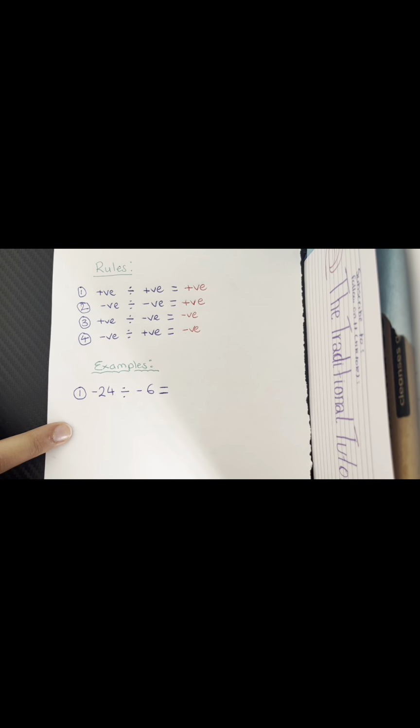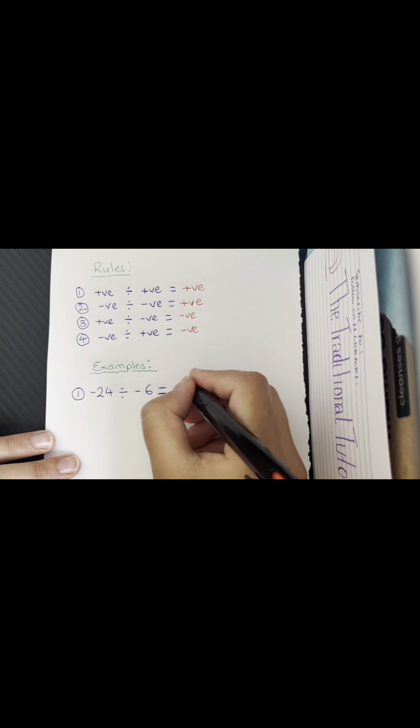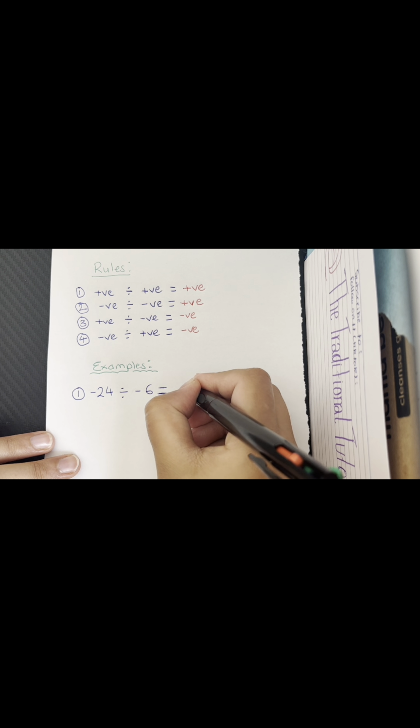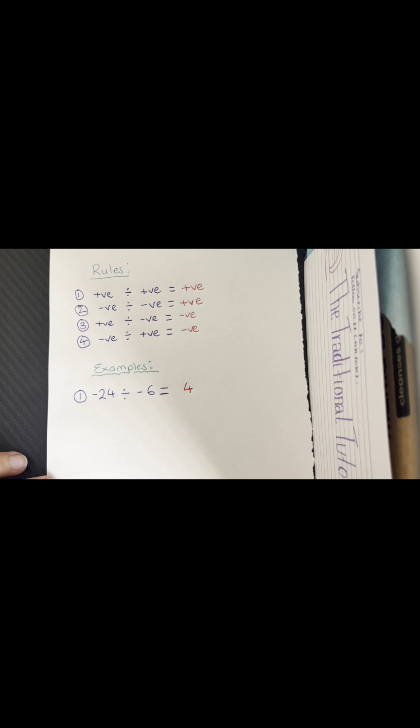So 24 divided by 6, we know should give us a positive 4, okay? And now we can be taking a look at the signs, okay? So I know I've got two of the same sign numbers, negatives. Therefore, because the signs are the same, my answer should remain a positive, okay? So I'll just leave it as positive 4.